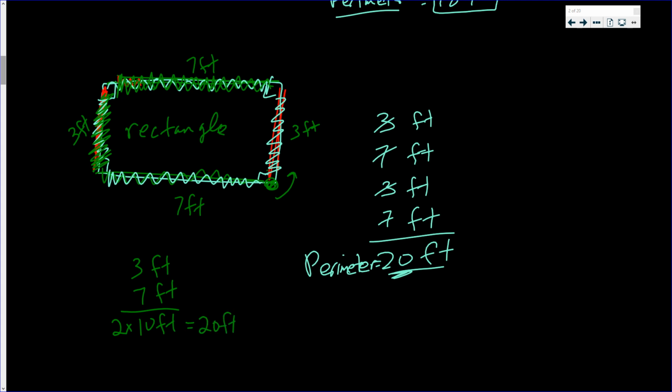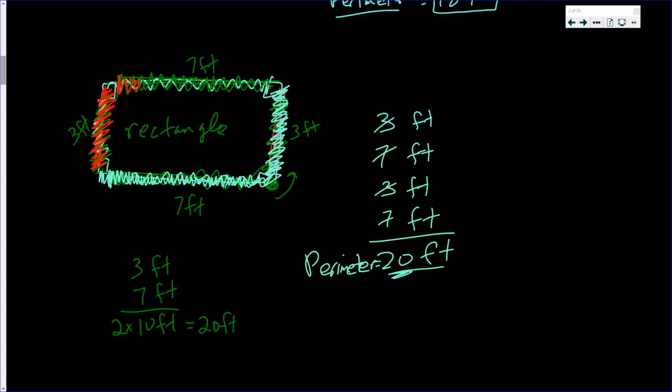Why do I double it? Because I have the other half. This distance here. This distance here. 7 feet and then the 3 feet. That distance in blue is exactly the same as this distance in red.